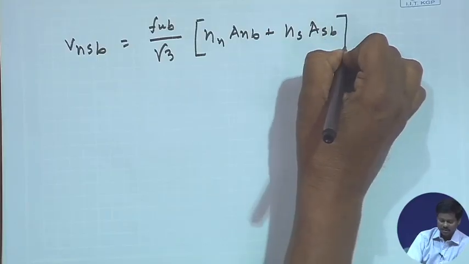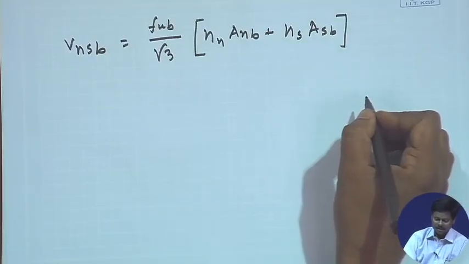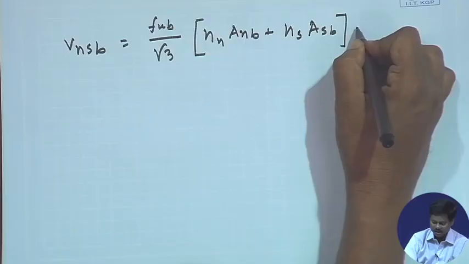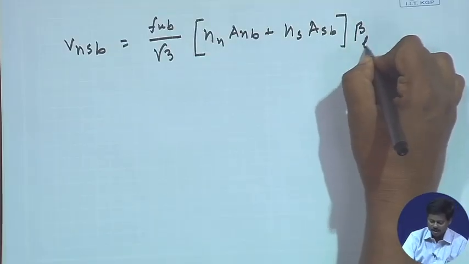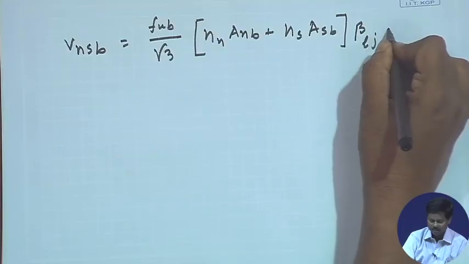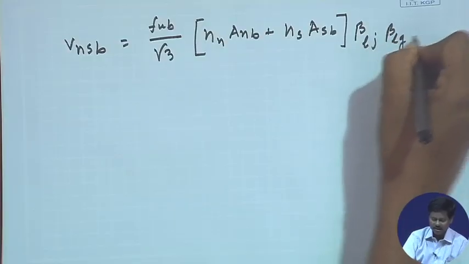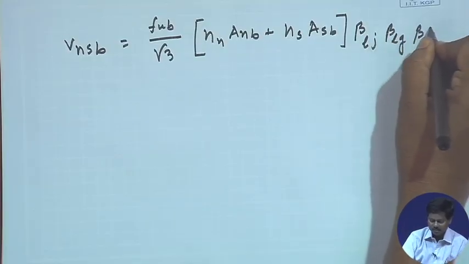This is the nominal capacity of the bolt in shear, into some reduction factors, which are called beta lj, then beta lg, and then beta pkg.